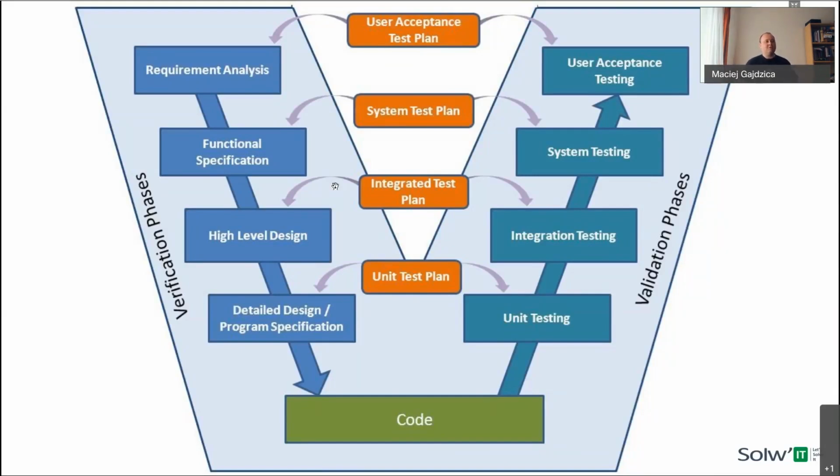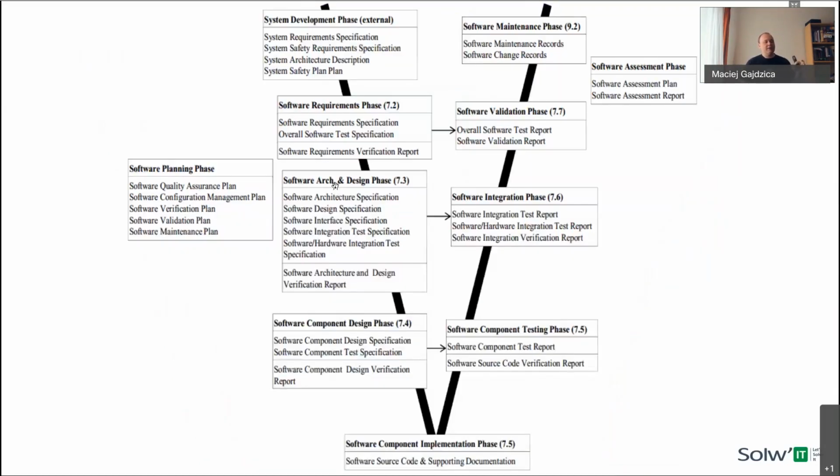And regarding documentation, we have some documents that need to be created on every level. And as you can see here, there's a lot of paperwork. And one downside of safety critical systems is that documentation is an integral part of the software.